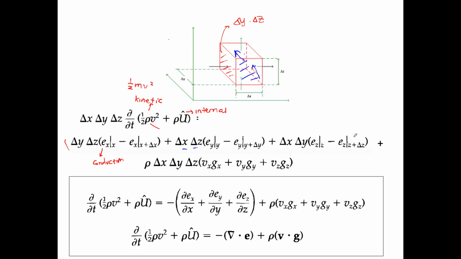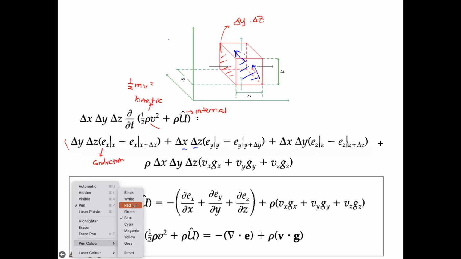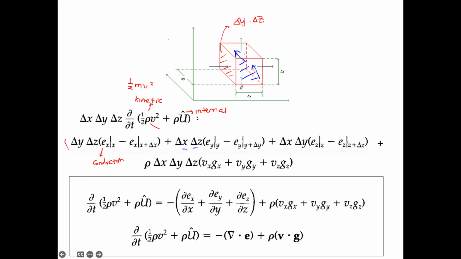conduction at z minus conduction at z plus delta z, multiplied with the cross section. So if this is the green one, that one is going to be the cross section area.